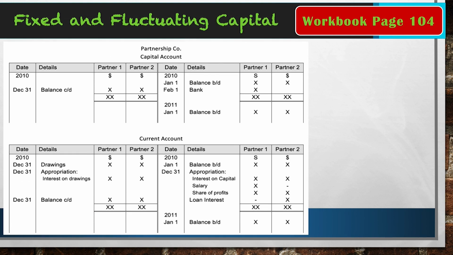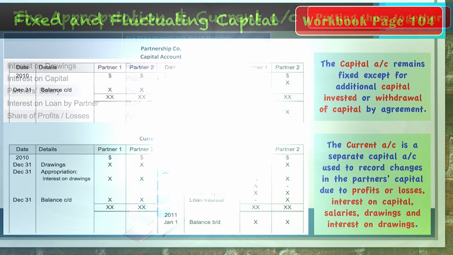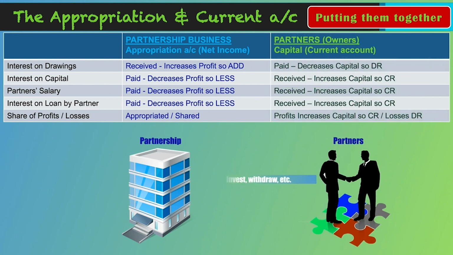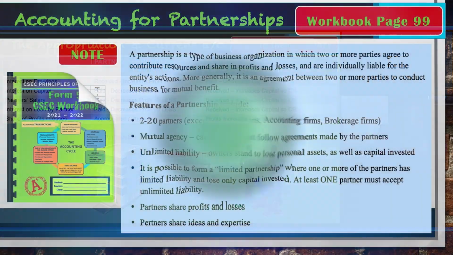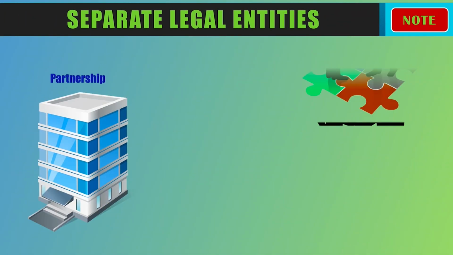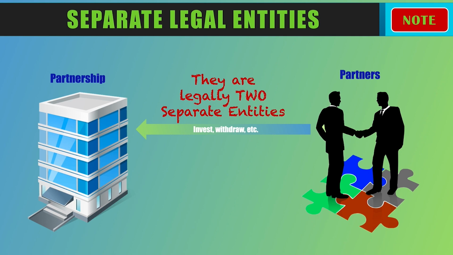What we just did, we did the capital accounts, more specifically the current account, which is now from the partner's point of view. We had learned, in business, you have where they are seen as one entity. For accounting, just a reminder, because of the separate business entity rule, we have to have the owners and the business accounted for separately.